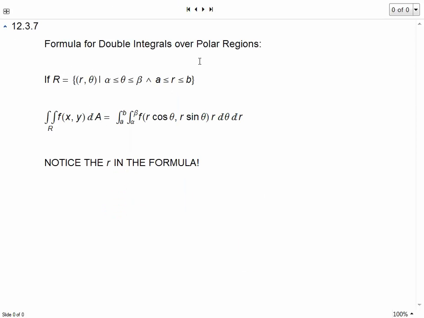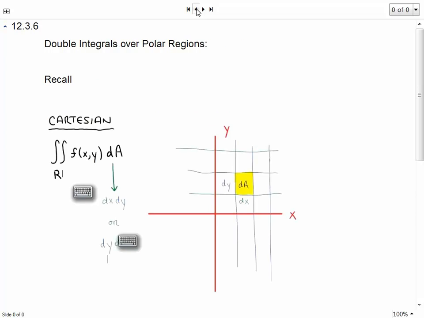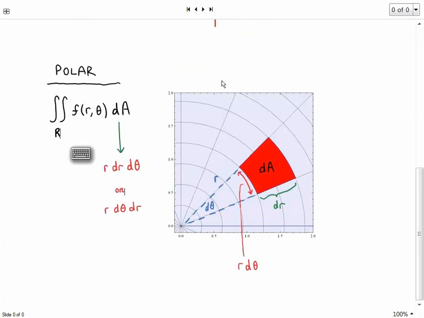I thought I had a demonstration of this. That's exactly why. Because infinitesimally, as that little red region gets smaller, because dr is an infinitesimal and d theta is infinitesimal, the smaller that gets, the closer it gets to becoming a rectangle.